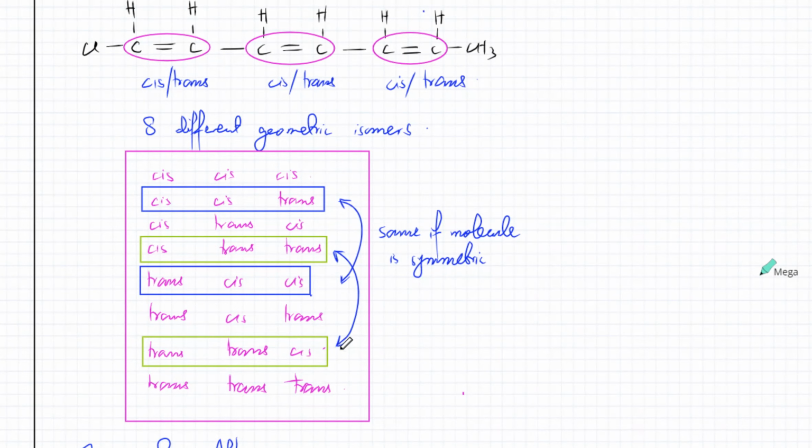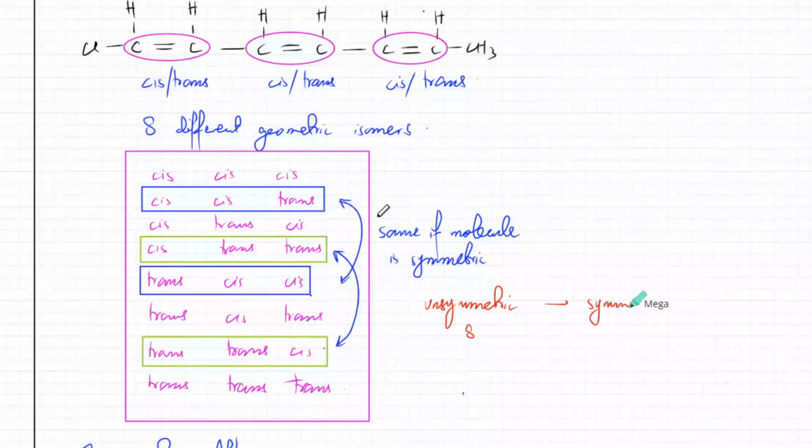So instead of getting 8 isomers, I'm going to get 6. In unsymmetric you have 8, but in symmetric you're going to have 6 unique arrangements because 2 pairs are repetitions. They're just flipped around versions of the same thing. Is that clear?